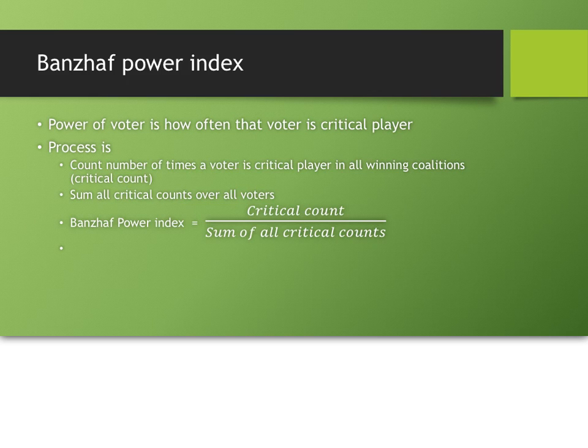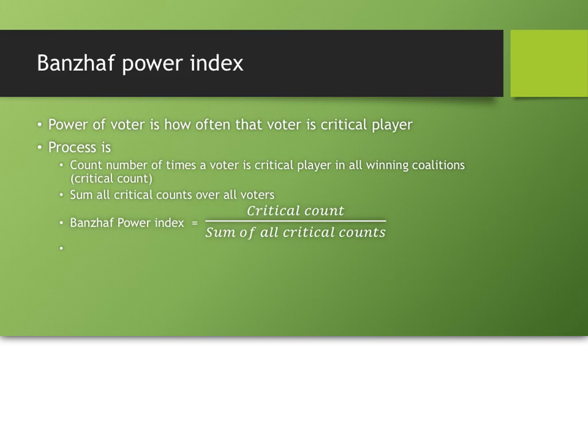So here's the process. You take a voter, let's say voter A, and you count in all of the winning coalitions, how many times was A a critical player? Now that's going to be what's called the critical count, the number of times A is a critical player in any of these winning coalitions.